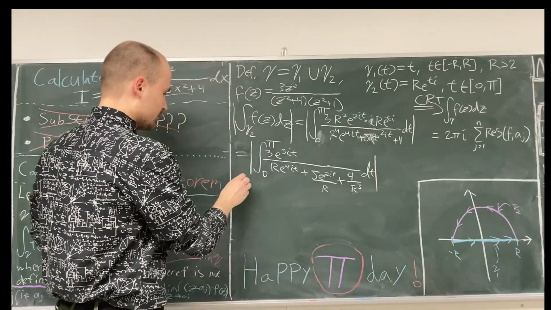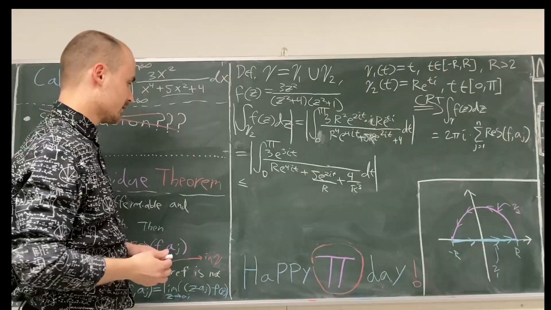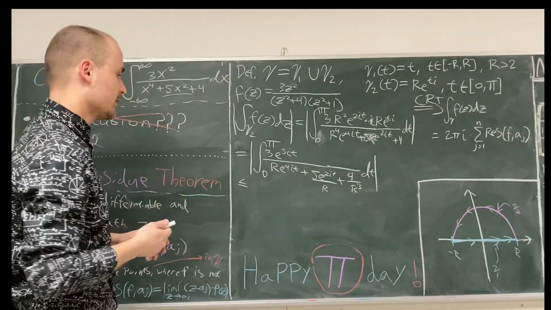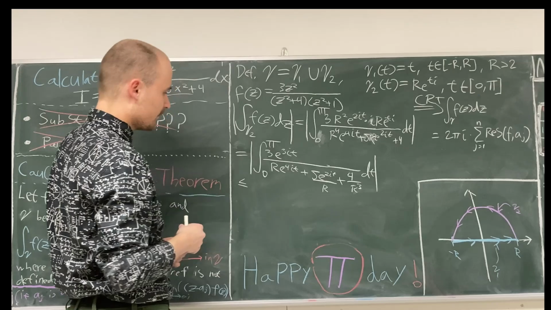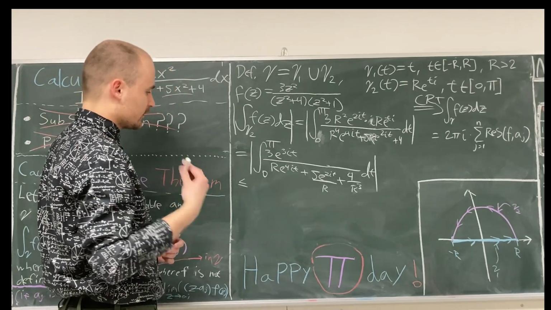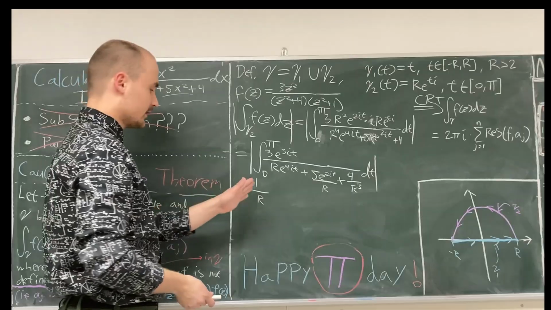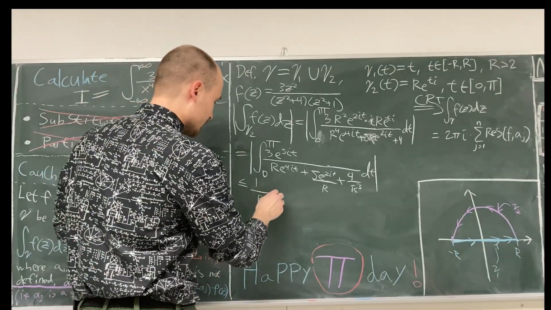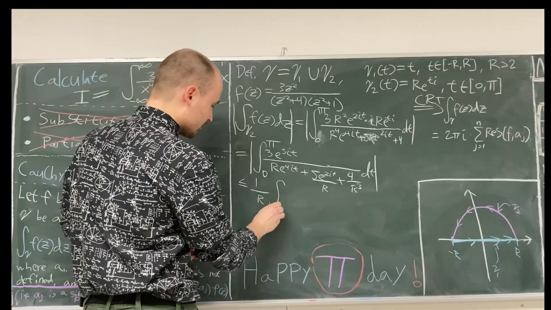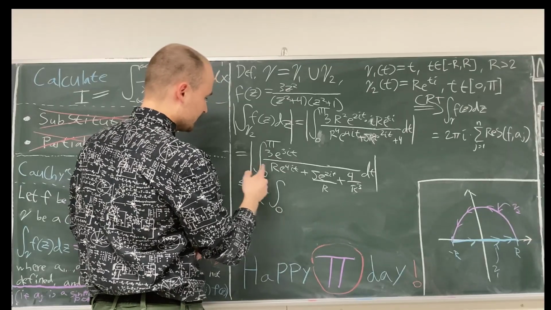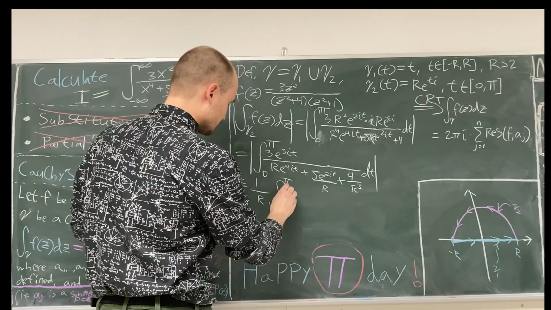But now we can use the so-called triangle inequality for integrals. It's not really the triangle inequality, but it's close enough. While we're at it, we're also going to factor out 1 over r. This does not have anything to do with the triangle inequality, but we'll just bring 1 over r outside the integral, and then we'll bring the absolute value inside the integral.